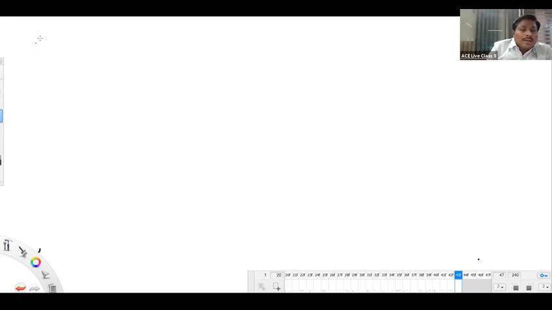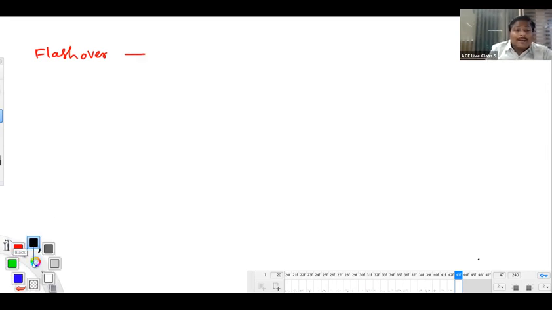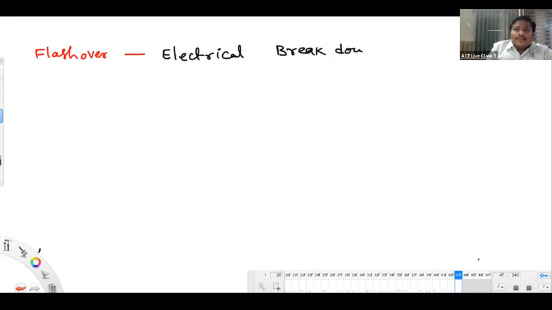What do you mean by flashover? Flashover is nothing but electrical breakdown. For example, if this is a string we have, let's say a 4-disc string, with a tower and a power conductor.